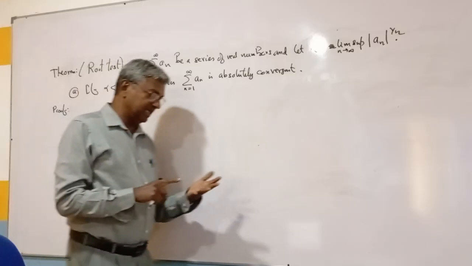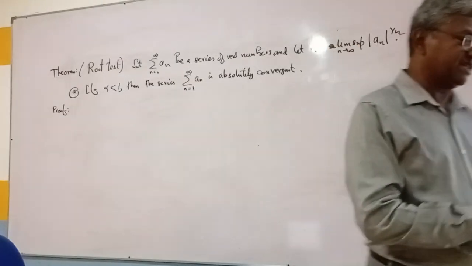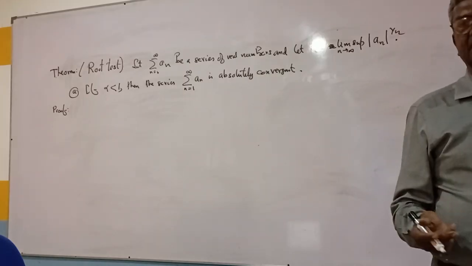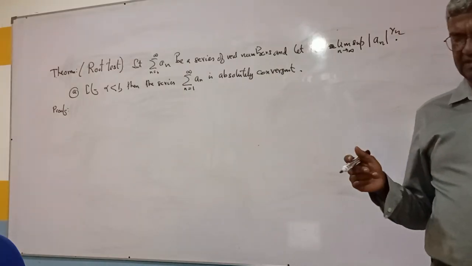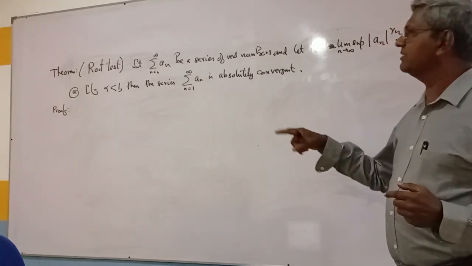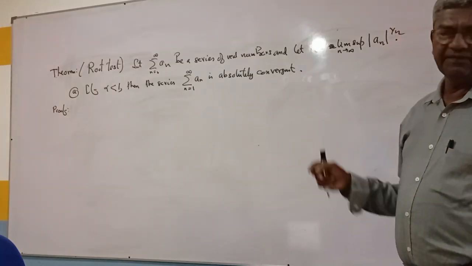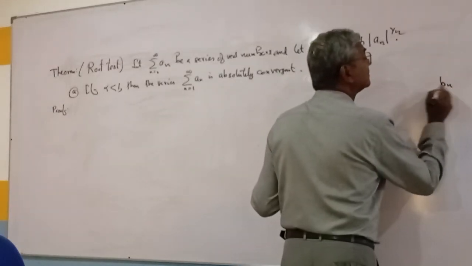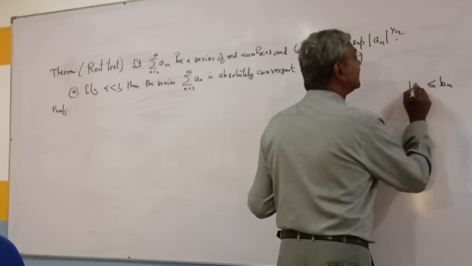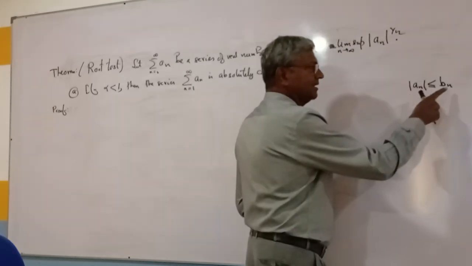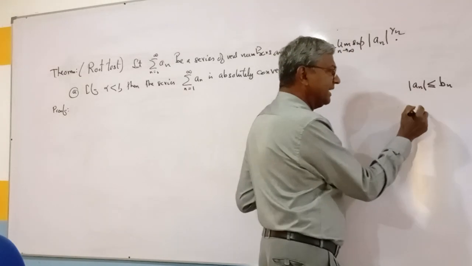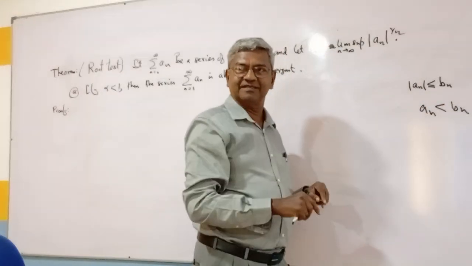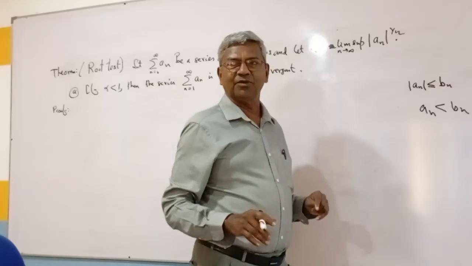Now you need to remember we have done the n-th term test: if the limit of a_n is not equal to 0, or a_n doesn't have a limit, the series is divergent. Then another test we did was the comparison test. If b_n is greater than or equal to absolute a_n, however, you cannot say that if a bigger series is convergent, the smaller series is convergent, that's in fact not true.